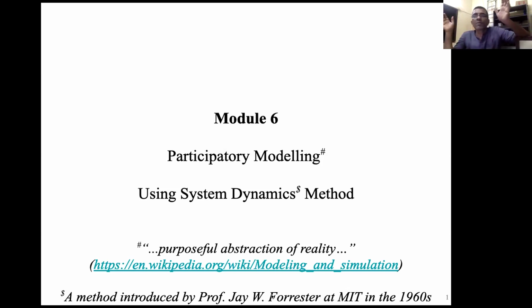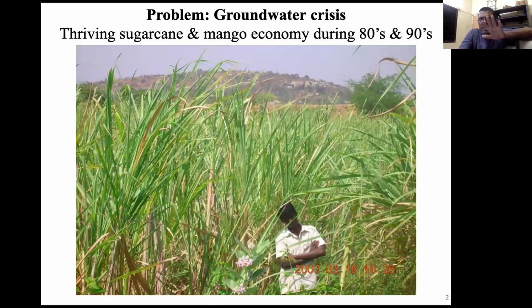You need a holistic view of things. That is the systems view, it's called. Systems engineering, systems perspective, systems view. System dynamics is one way of looking at the whole thing. That's what we are trying to do in this. It's a method introduced by Professor J. Forrester in the 60s at MIT.